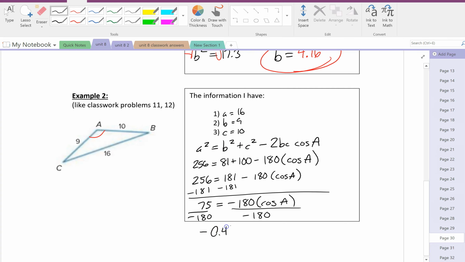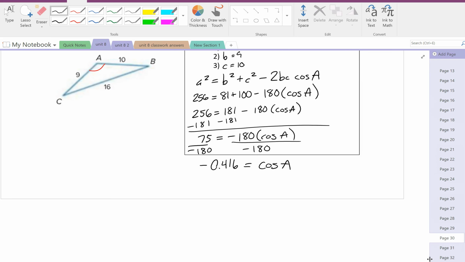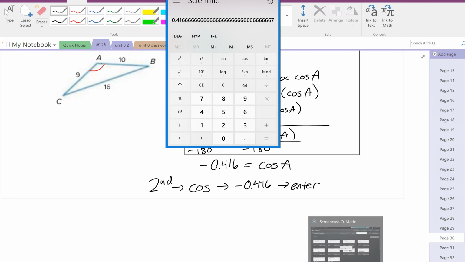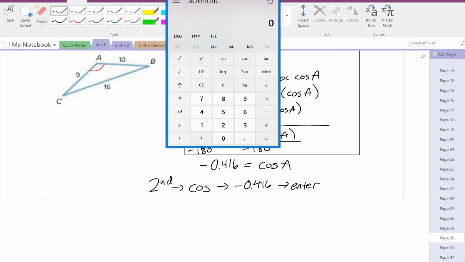All right, now is when I'm going to do the second function thing. So I want second function cosine of negative 0.416. Enter. Again, my keys are going to be a little bit different than yours.